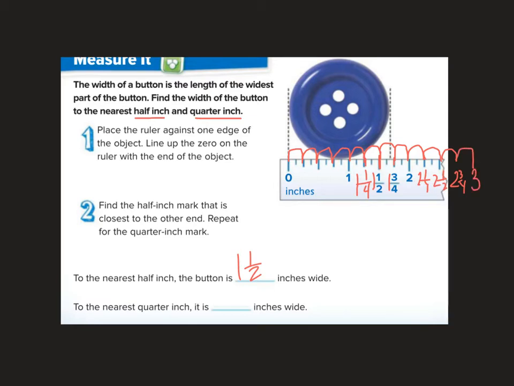So that's kind of what we're doing. That's our pattern we're going to follow. 1/4, 1/2, 3/4, 1 whole. 1/4, 1/2, 3/4, the next whole. So that's for measuring the 1/4 inches.